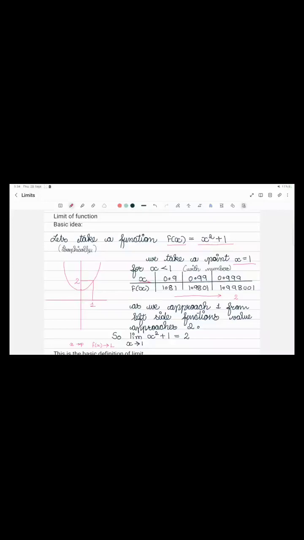Today we are going to learn to take a limit of a function at a point. So we have taken a random function f of x equal to x square plus 1, and we take a point x equal to 1.